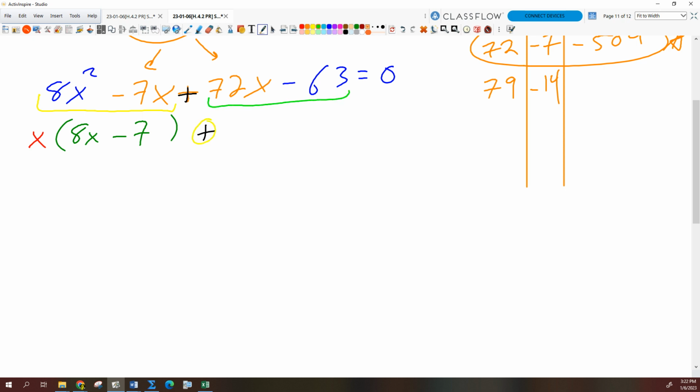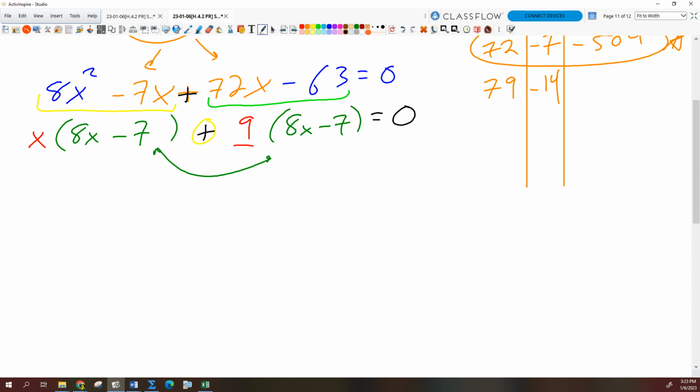What can you tell me about group 2? 9. But before we even write that down, what do we know has to be true? The binomial has to be the same, 8x minus 7. So that means what goes out front? Either way, it's still 9. Okay, good.